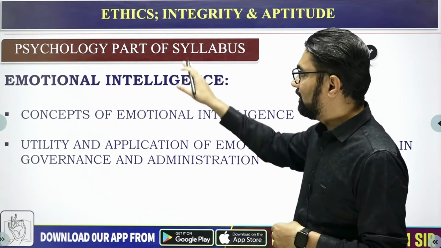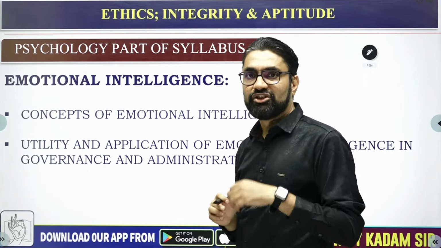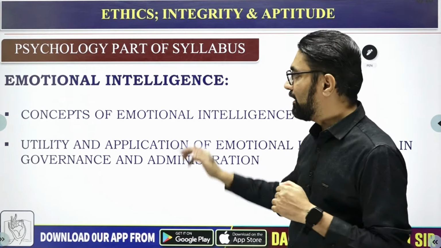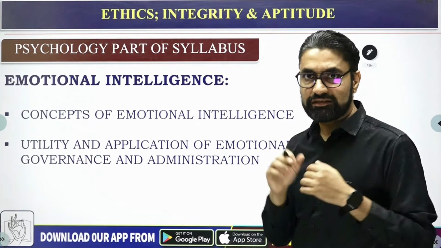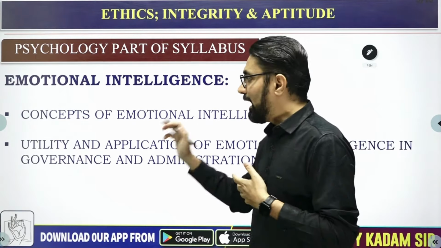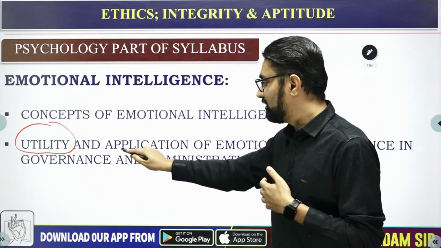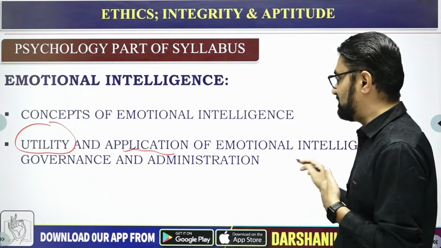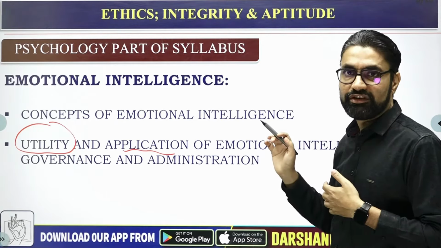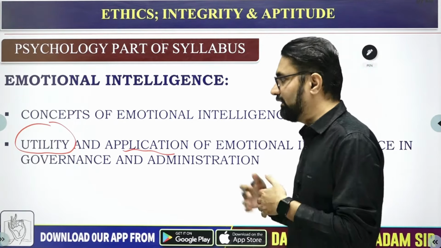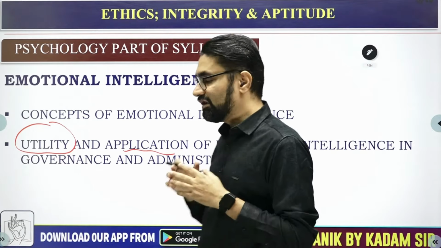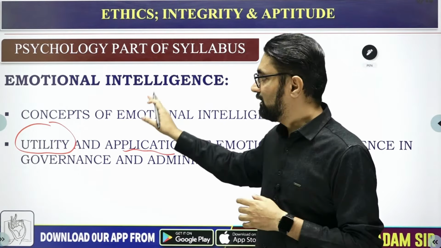The last topic the syllabus mentions is emotional intelligence: we need to understand the concept and definition, and then its utility, the application and utility of emotional intelligence in governance and administration. That is the last part.